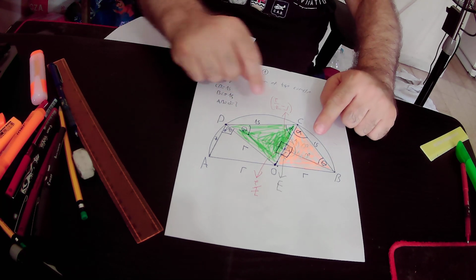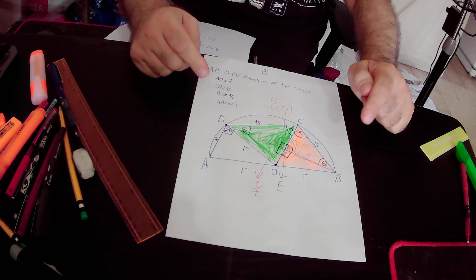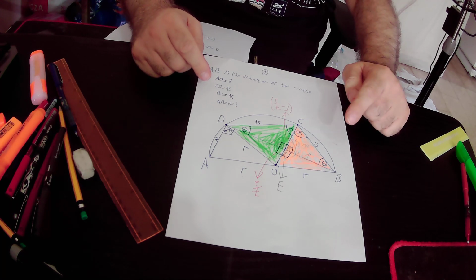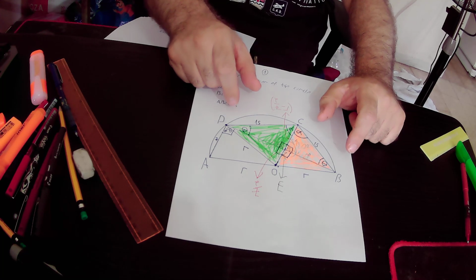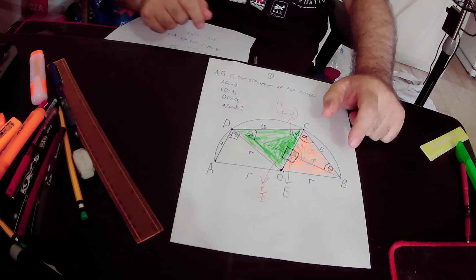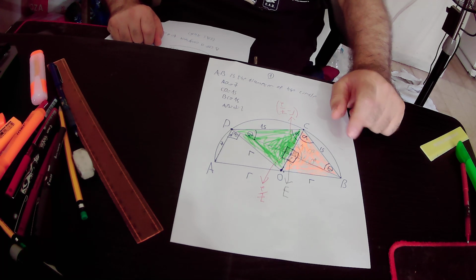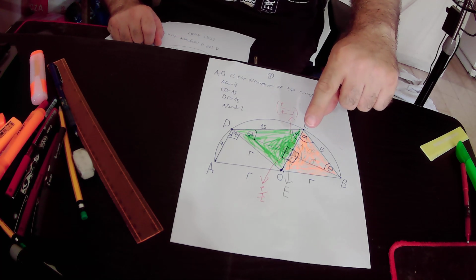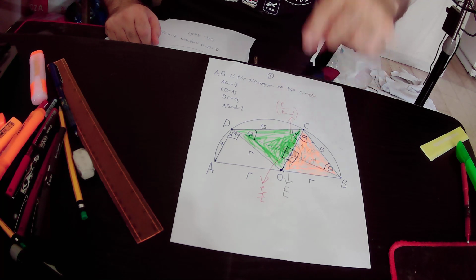Then we focus on those two triangles, triangle DCE and triangle CEB. On those two triangles, DC equals BC equals 15 units.